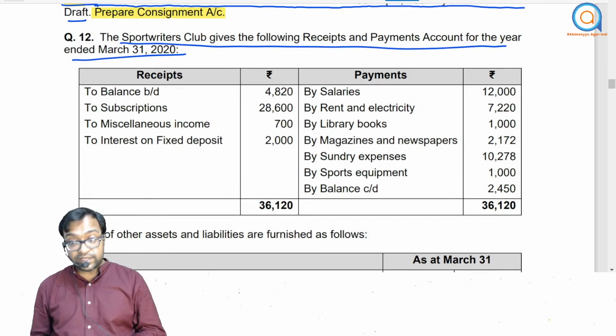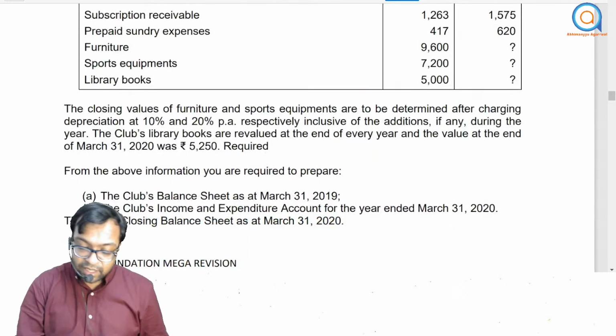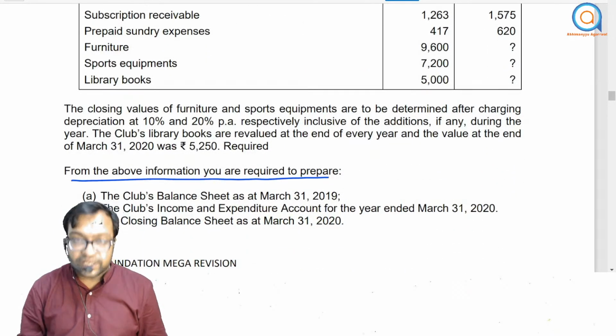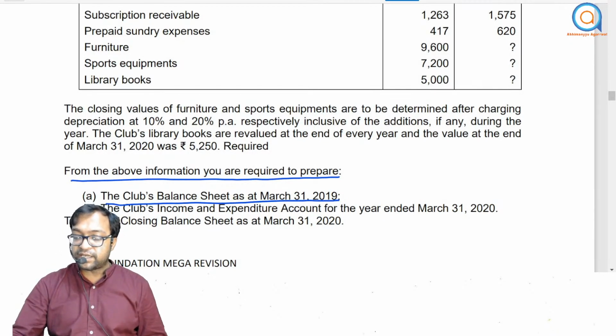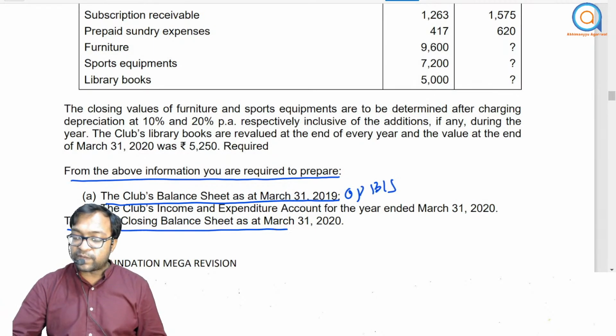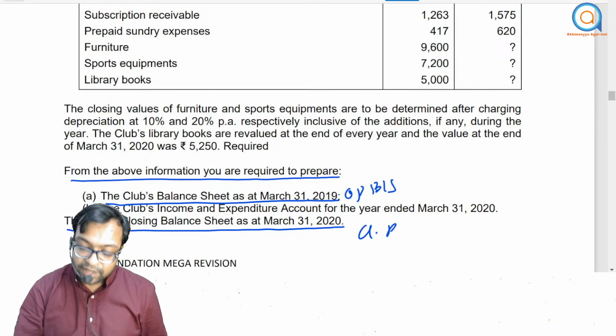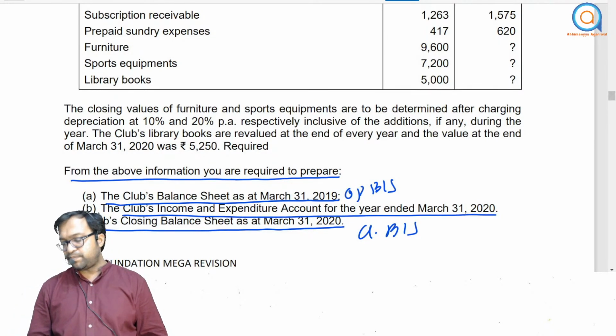So they have given you receipts and payments. And what have they asked you to prepare? From the above information, you are required to prepare the club's balance sheet on 31st March 19, means opening balance sheet, the club's balance sheet as on 31st March 20, means closing balance sheet, and the income and expenditure account. The three things are to be prepared, sir.